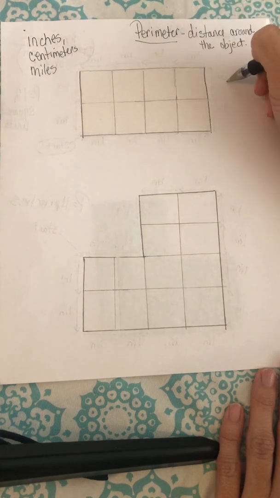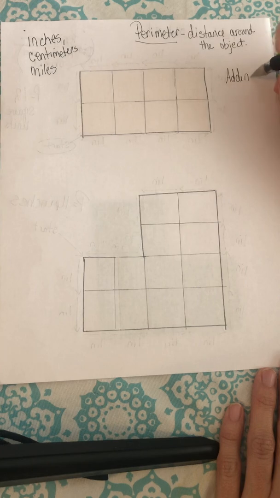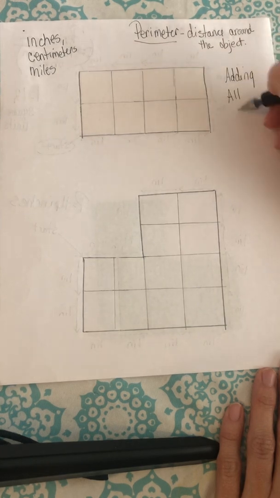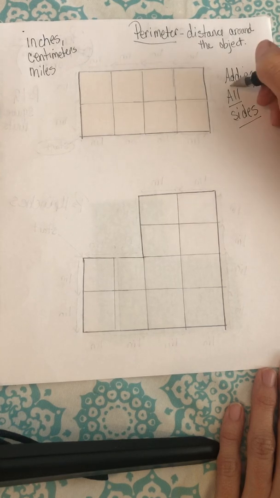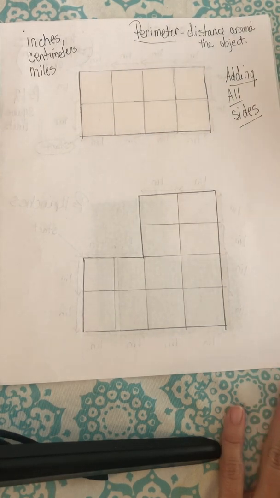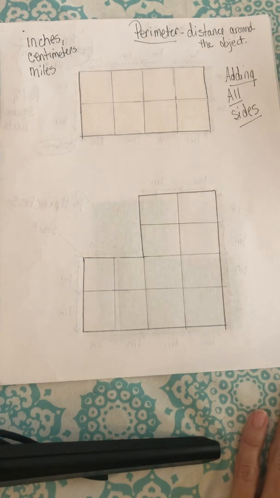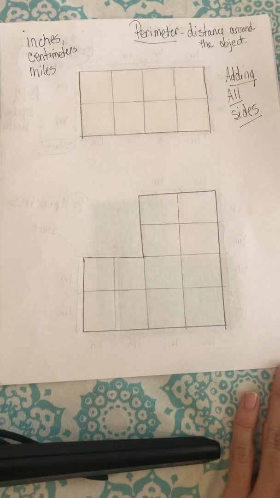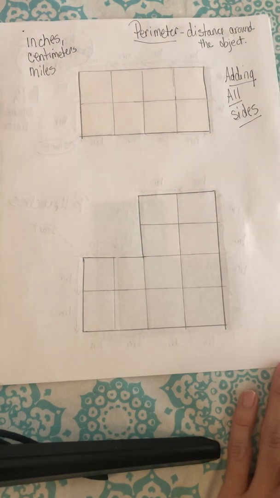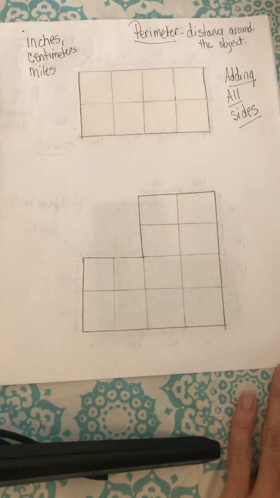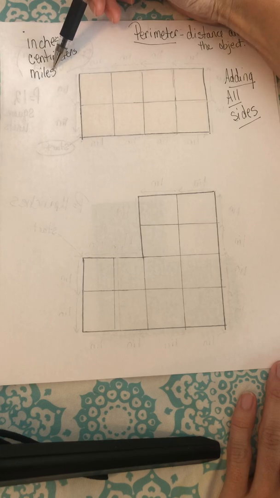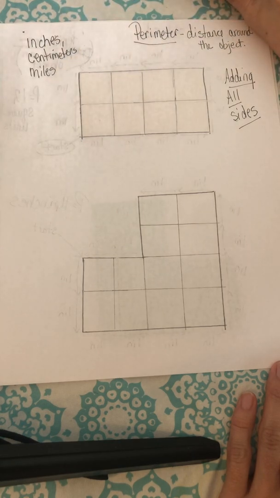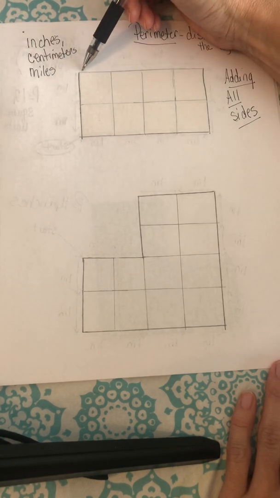So we are adding all sides. And normally, when we are adding all sides, the correct units or measures of units that we use can be in inches, centimeters, or miles. And today the measure of unit that we're going to use is inches.